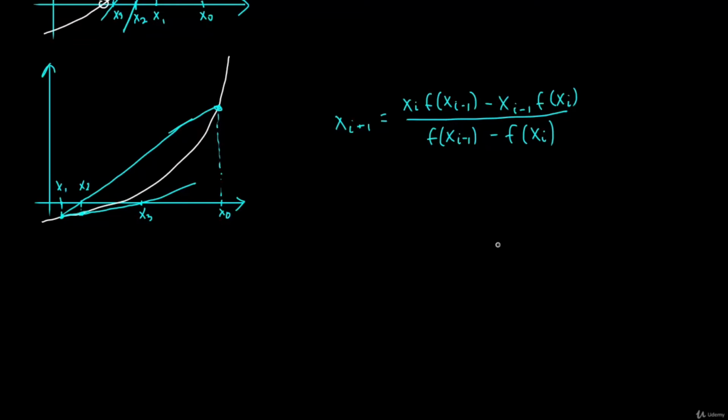So this simple formula, you just plug in x0 and x1, and you're going to eventually arrive at a point xn that's very close to the point that you're actually looking for.